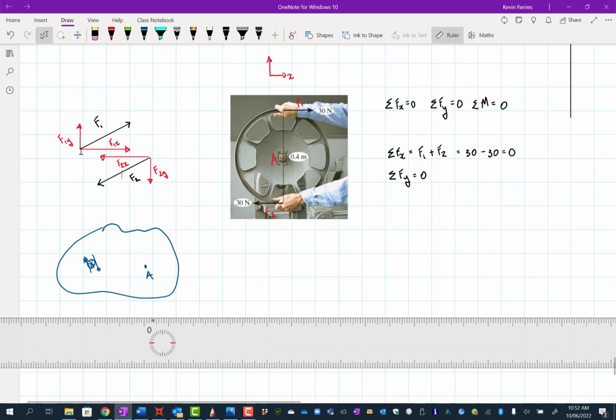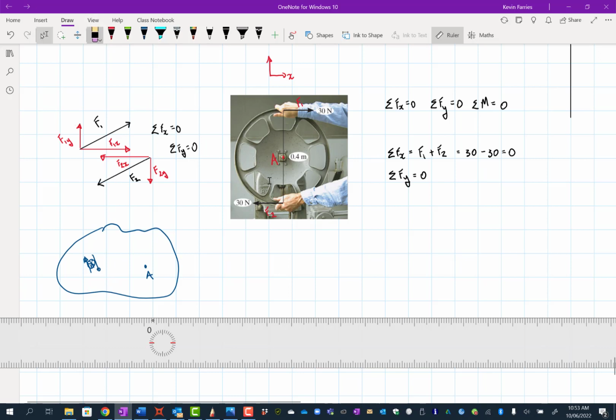Because these are the same length and the same direction, the y component of force 1 must be opposite and the same magnitude as the y component of F2, so those two must cancel out. And similarly, the x component of F1 is equal but opposite to the x component of F2, therefore they'll also cancel out. So it's still true, even when the forces in that moment are at an angle, the sum of Fx is going to be 0, and the sum of Fy is also going to be 0. And so all your force components are always going to cancel out for these things.